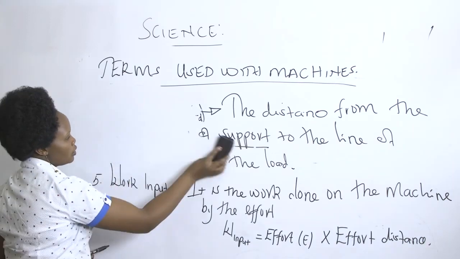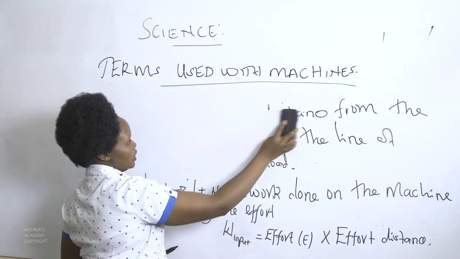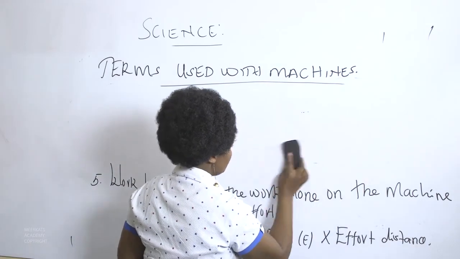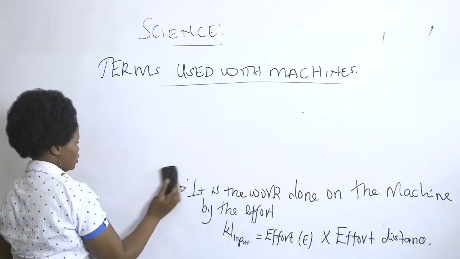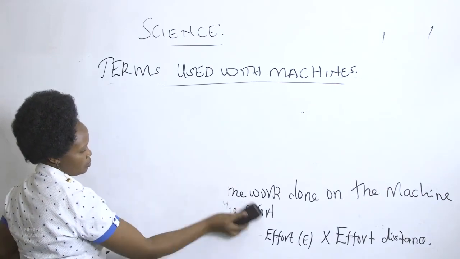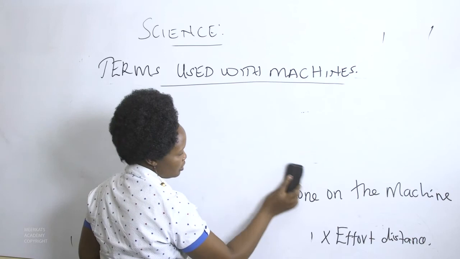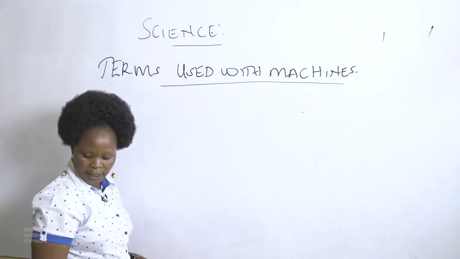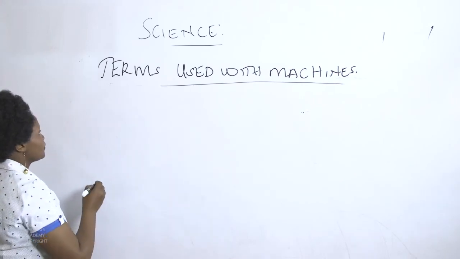Now, remember, we want to make work easier. Therefore, the work we do on our machine is supposed to give us some result, and that is what we call the work output.